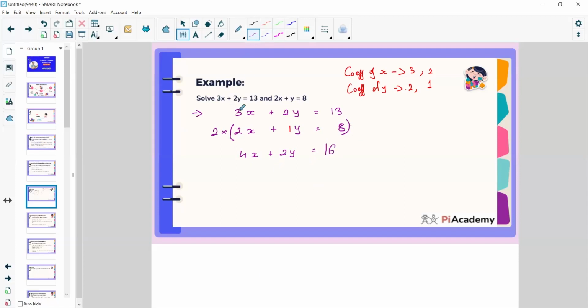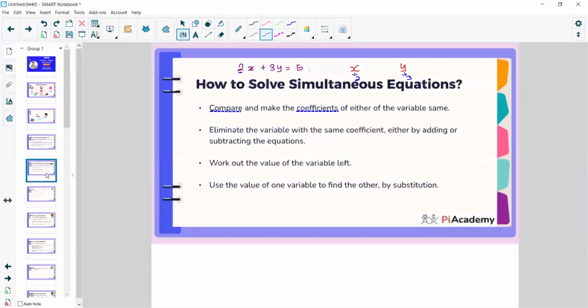Now, let me write down this first equation: 3x plus 2y equals 13. Now, if we see, we got the same coefficients, isn't it? The coefficients of y are the same. All right. Now, my job is done. I have made the coefficients same. So let's see what is the next step.